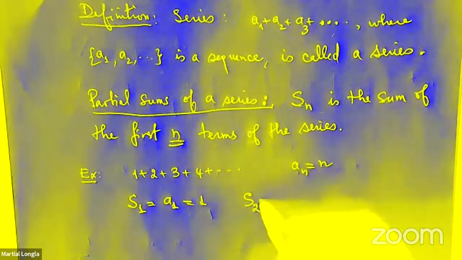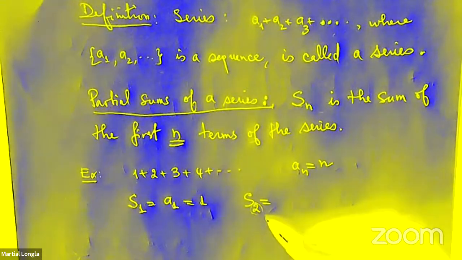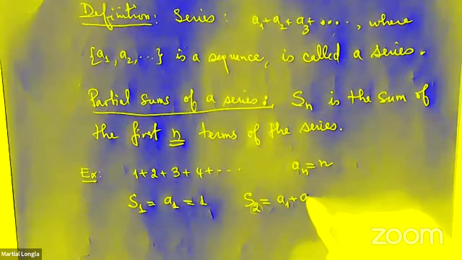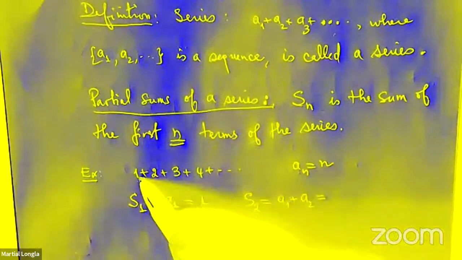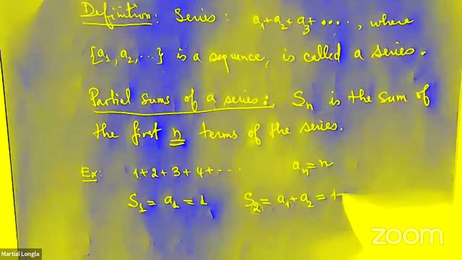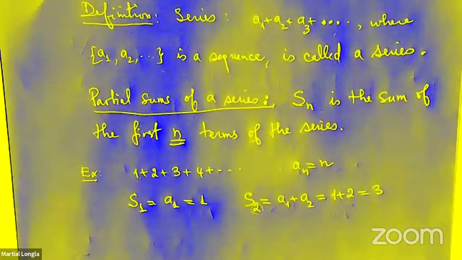S2 is the sum of the first 2. That's what it says by definition. That's A1 plus A2. A1 is 1, A2 is 2, so that is 1 plus 2 equals 3. So S2 is 3.